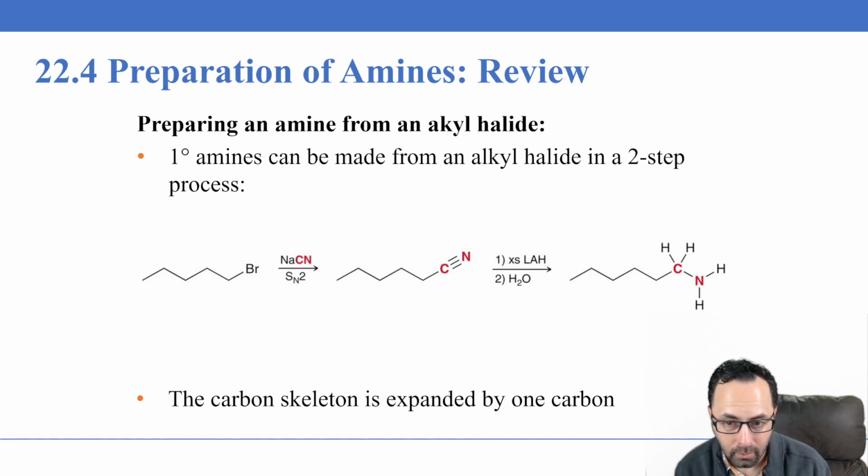Benzyl amines have pKa's around 5, whereas standard primary, secondary, tertiary amines mainly have pKa's around 9 or 10, up to 11, rather 10 to 11 usually. So let's get started in talking about how amines can be prepared.